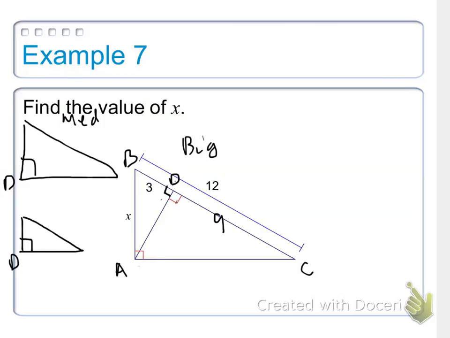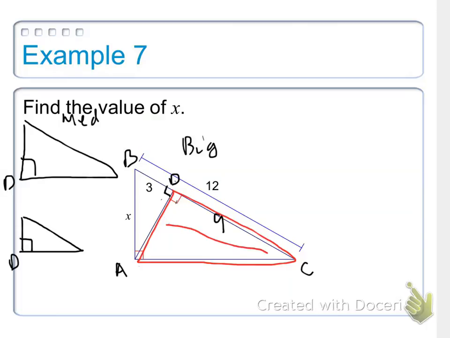So we got that one out of the way. Okay, now we need to figure out, oh no, let's do the smallest side. It turns out that in the medium triangle, the red one here, the smallest side is right here.